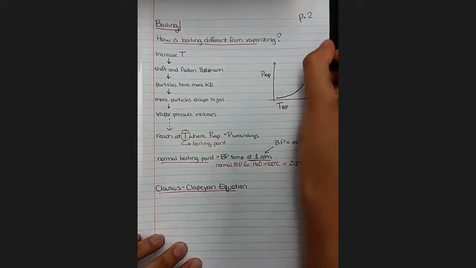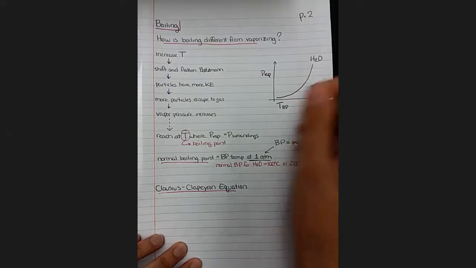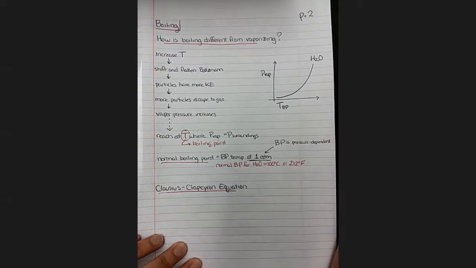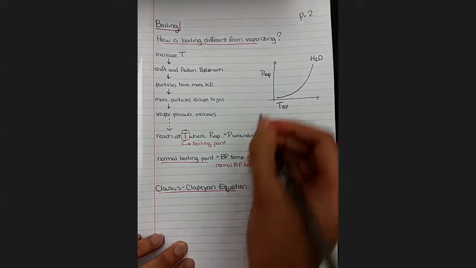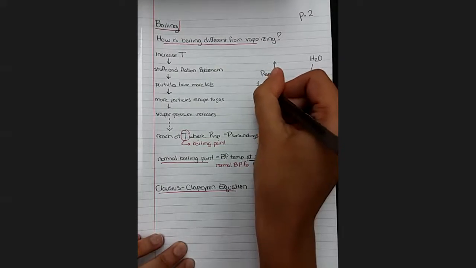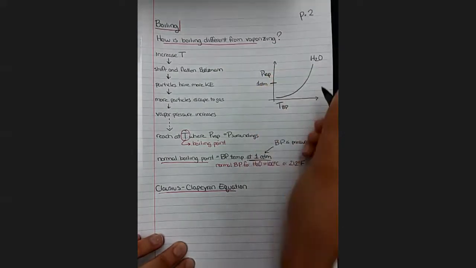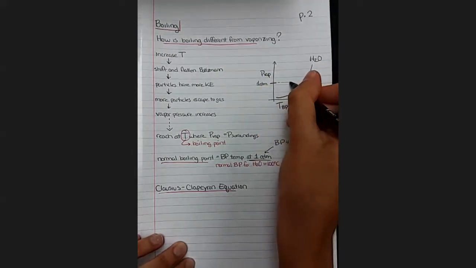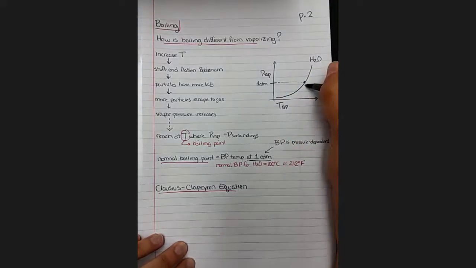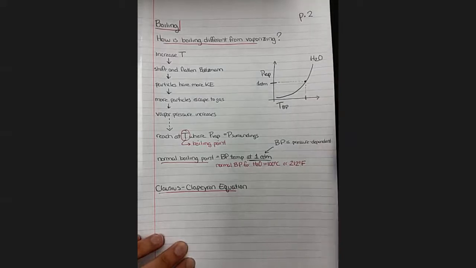It's going to be a logarithmic curve that increases its slope as it moves forward. And if we're going to make our plot point for water, boiling at 100 degrees, it would be at 1 atmosphere. We could trace that over to this spot and drop it down to here.